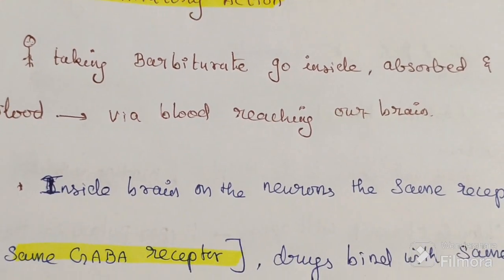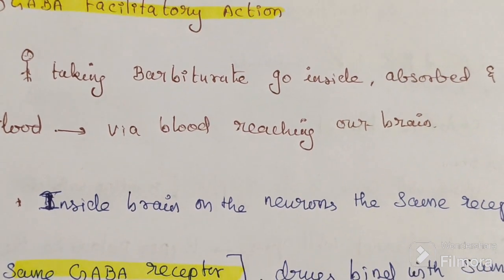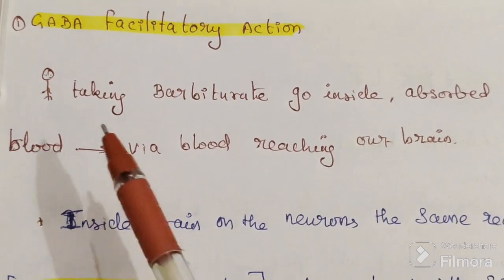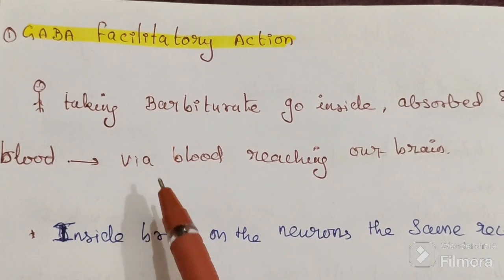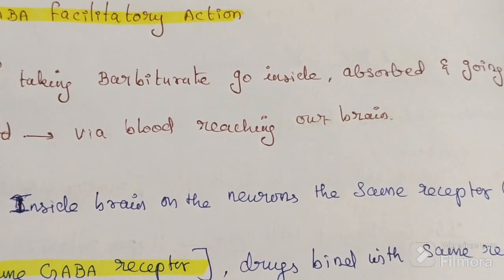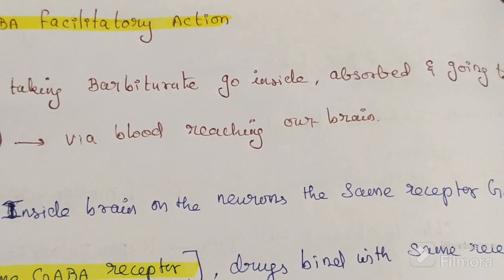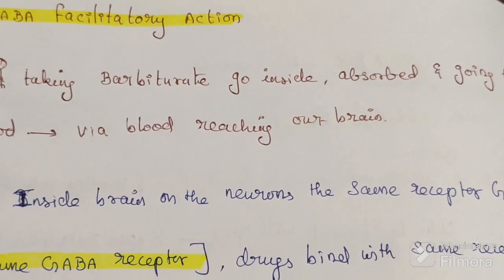Can you see this is the barbiturate? Suppose we are taking a tablet. This person is taking a barbiturate tablet. The tablet goes inside, is absorbed and goes into our blood. Via blood it reaches our brain.